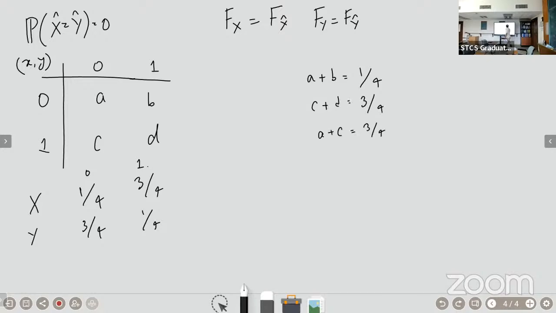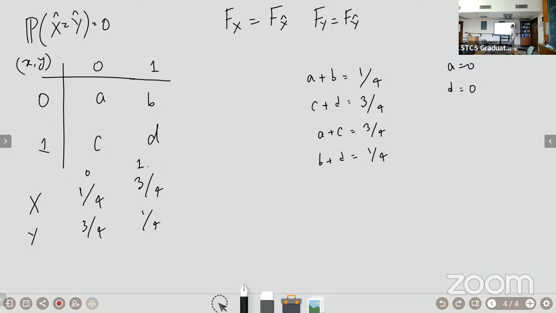B plus D is 1/4. What about that condition? A is 0, D is 0. Okay. So what is the solution for B and C? B is 1/4, C is 3/4.